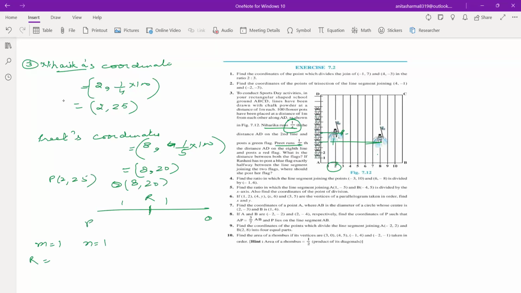Because in case-based questions, it can be asked what will be the coordinates of Niharika, then in second question, what will be the coordinates of Preet, then in third question, they will ask you the section formula, in which ratio they are. And in fourth one, they can ask that if they will post the flag in between, it means half, so you will apply the midpoint formula. So what was the midpoint formula? Have you remembered? x1 plus x2 divided by 2, comma y1 plus y2 divided by 2. Right, beta?